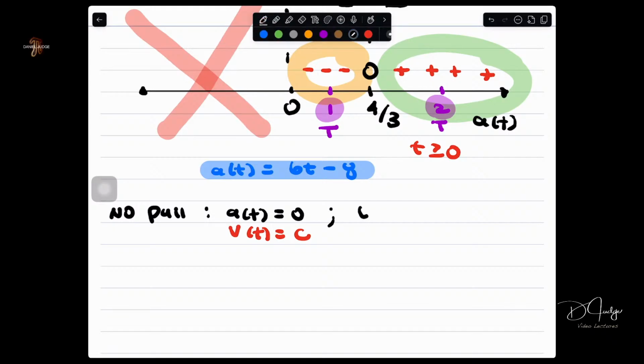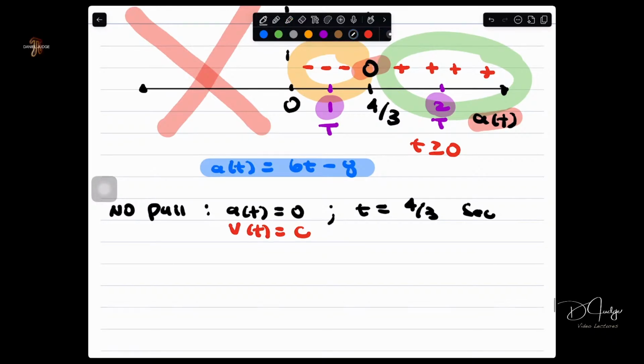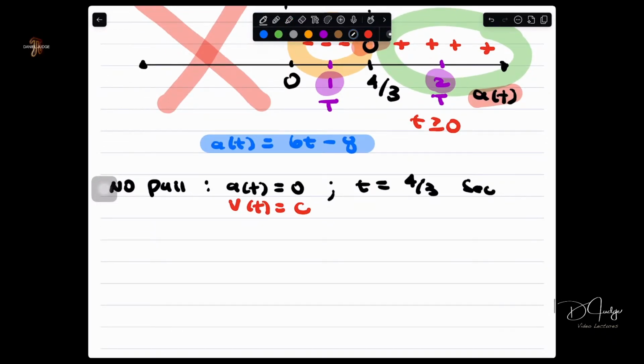That happens when t here is 4/3 seconds. Because we already found where acceleration, this is the acceleration function, is 0 at 4/3 seconds. Now, we'll call this pull to the right, okay?